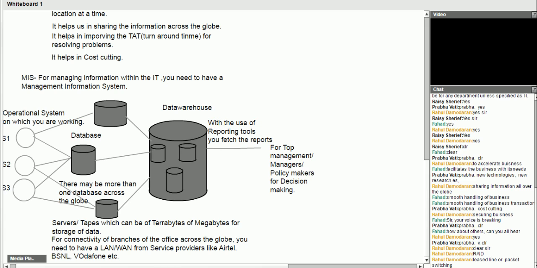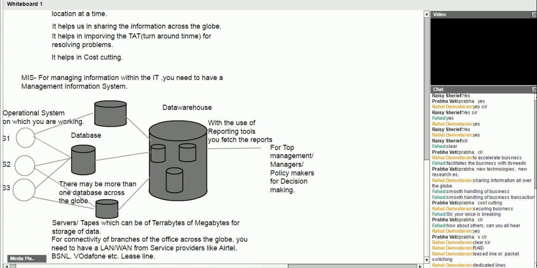So this will help you in connecting across all the branch offices.